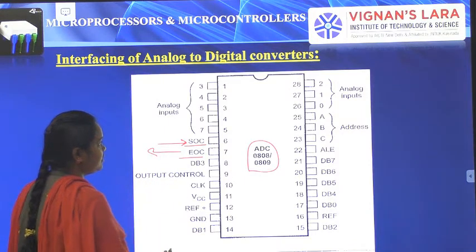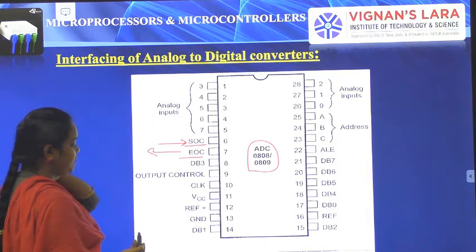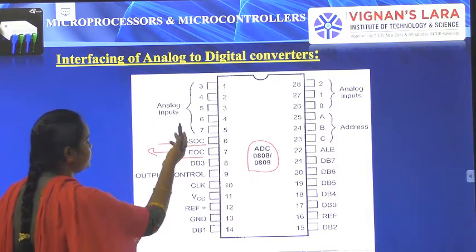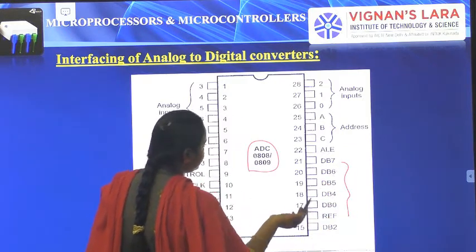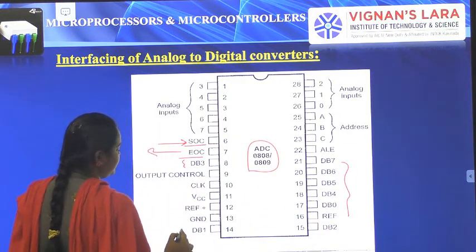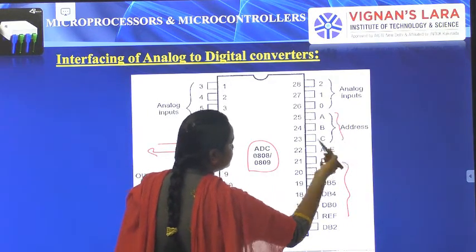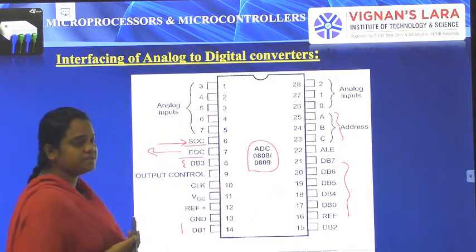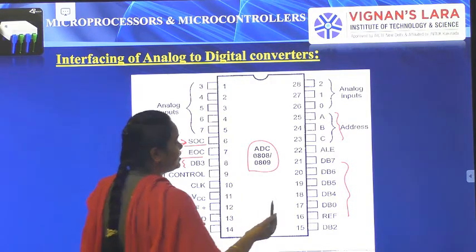We are going to convert the analog input to digital by providing analog inputs, and the output is taken from DB0 to DB7 pins. We are going to give the address from port B by using A, B, C. We have 3 pins A, B, C for providing the address.